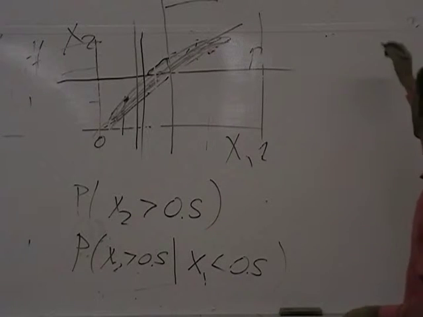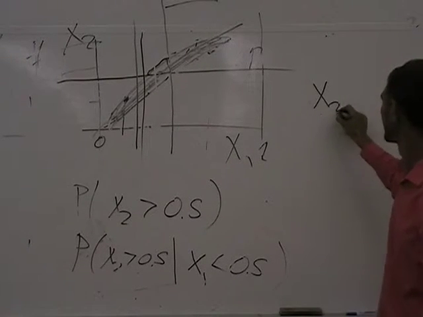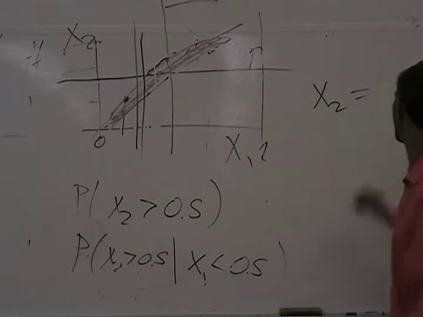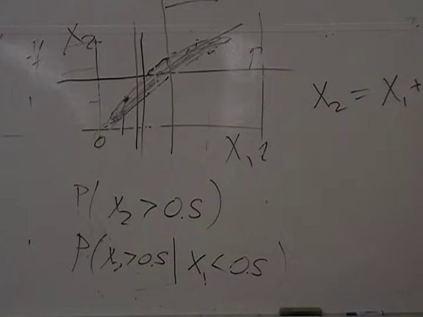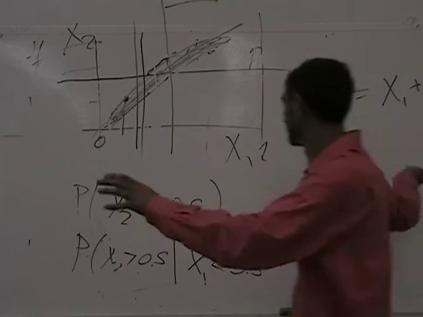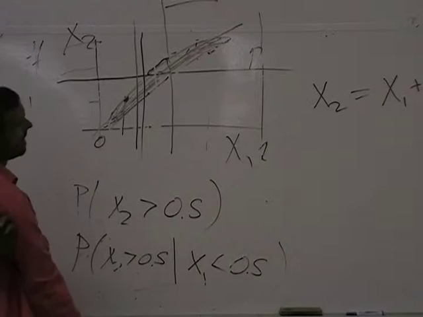I just write the regression. x2 equals x1 plus or minus some error. That's it. That is the linear regression model.